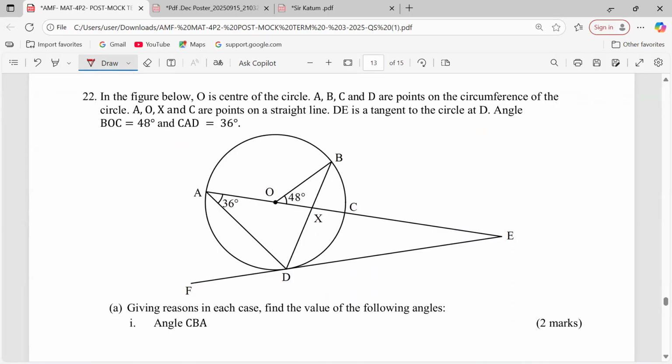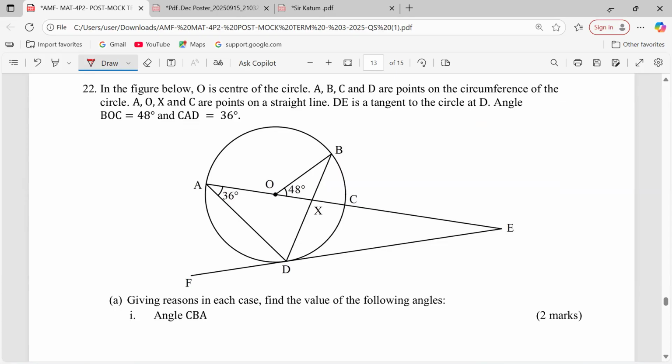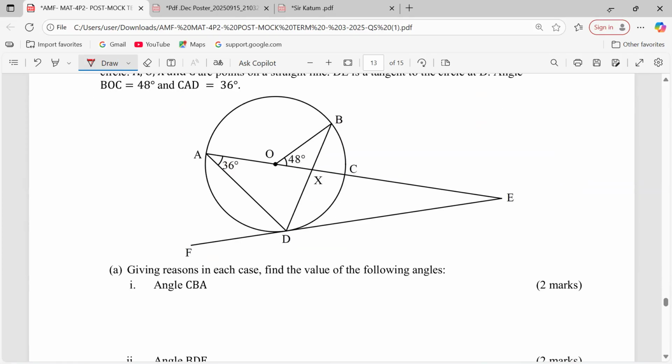Then A, O, X, and C are points on a straight line, that's a straight line up to E. Then DE is a tangent to the circle at point D. Angle BOC is 48, just as indicated in the diagram. CAD is 36, still as indicated.